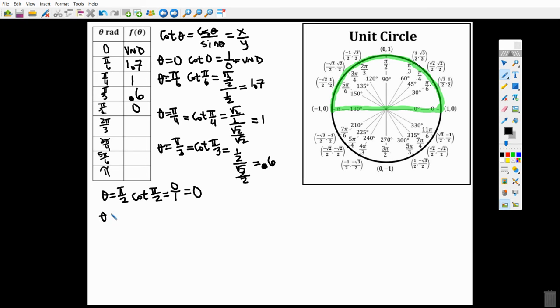So at theta equals 2 pi over 3, that ends up being cotangent of 2 pi over 3 equals x, negative 1/2, divided by y, which is radical 3 over 2. Now, we have that here, but this is negative 1/2, so this ends up being negative 0.6.